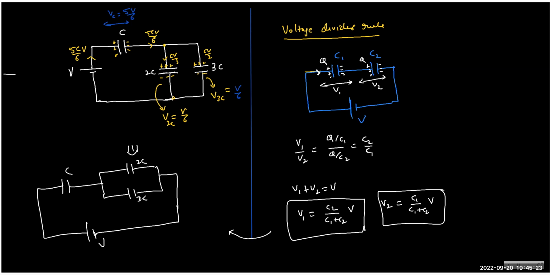And 2C and 3C we can reduce, right? Because they are parallel, that is 5C. So basically, if you look carefully, there are only two capacitors in series, 5C and C, right? So voltage will divide in the inverse ratio. So the 5C will get V by 6, and the C will get 5V by 6.